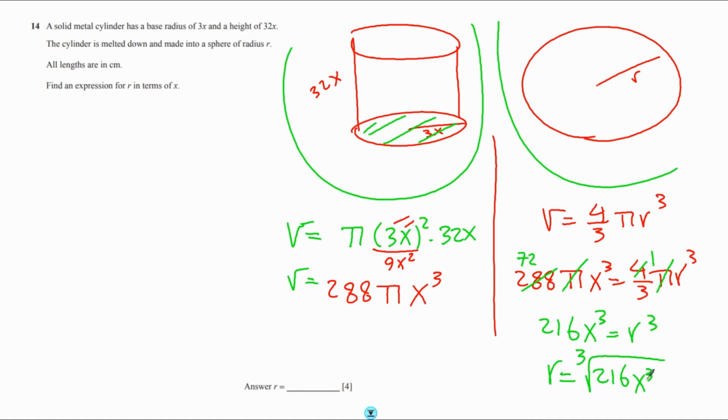But is there a cube root for 216? 5 to the power of 3 is 125. 6 to the power of 3 is 36 times 6, which is 216, which is exactly the number. So the cube root of 216 is 6. So the answer here would be 6x. So r would be equal to 6x.